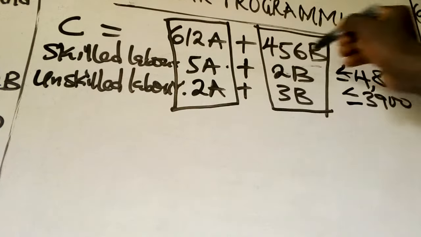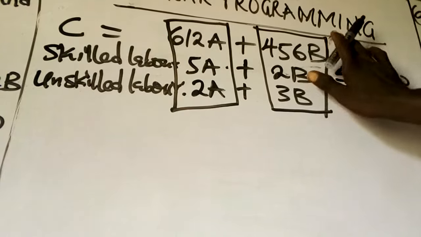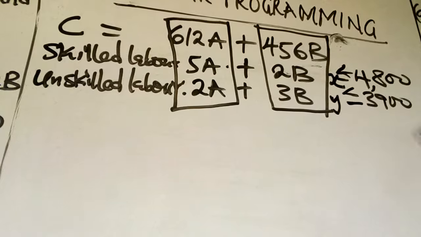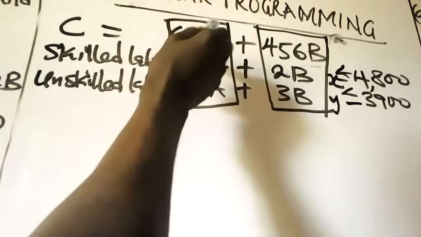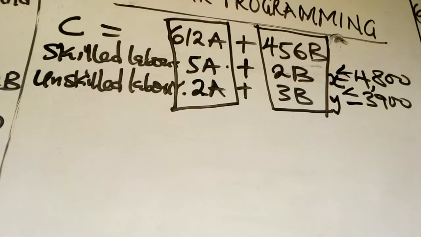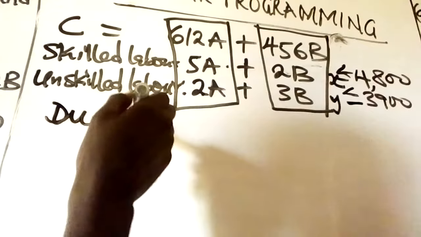Let's assume x for the first constraint and y for the second constraint. So we want to formulate the dual of the primal.